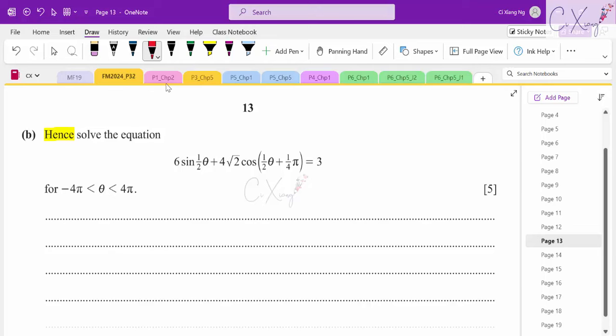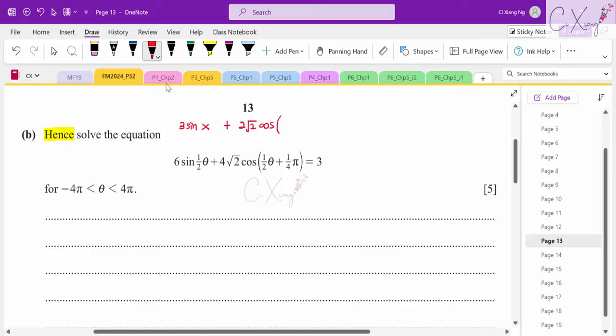If I want to compare with my answer in part A, I try to write out first 3 sin x plus 2√2 cos(x plus π/4). Okay, again, let me copy out the whole expression for part A first. So √5 sin(x plus 1.107).